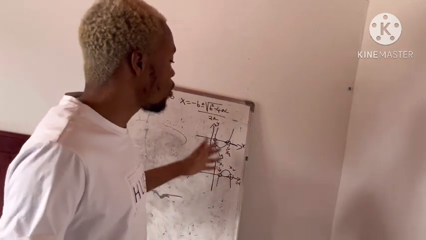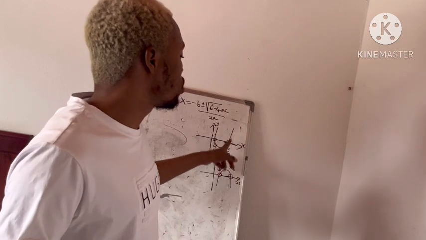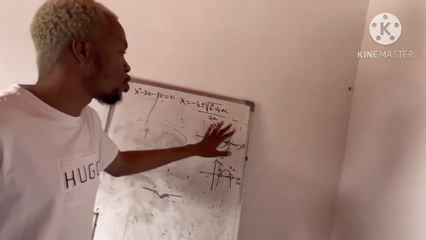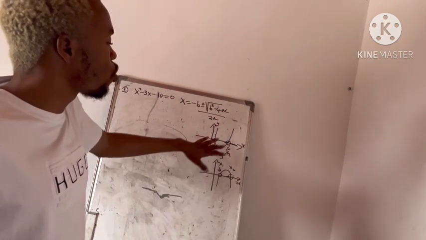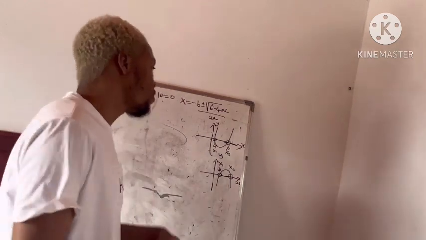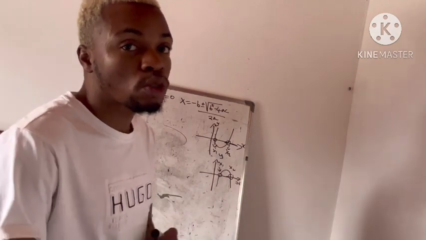Using the graphical method, you could draw a graph in this format. It doesn't matter whether it's in the positive section or the negative section, or it crosses in between. Wherever it crosses the x-axis, you check those points on the x-axis, and those are going to be your answers.